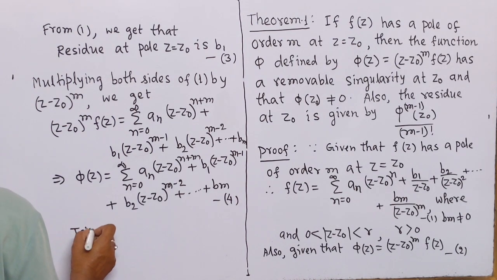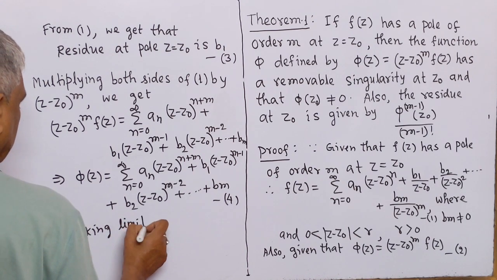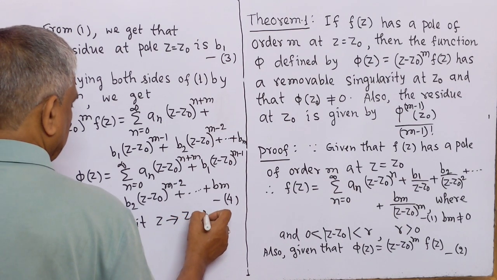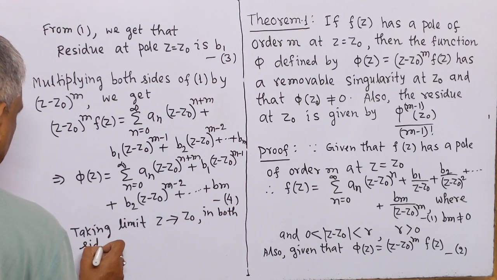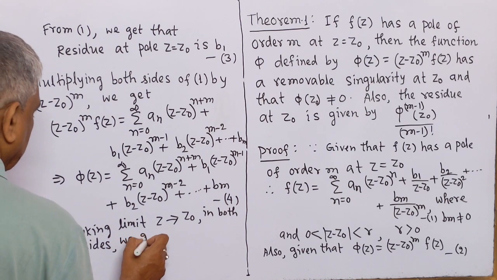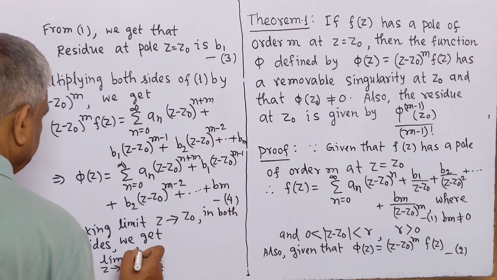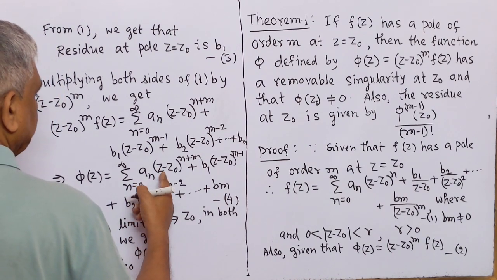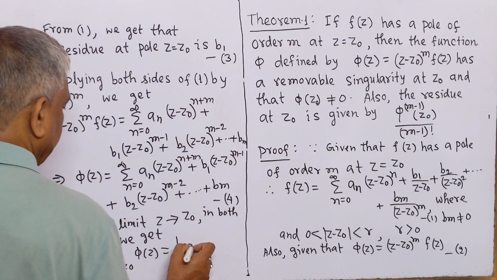Taking limit z tends to z naught on both sides, we get limit z tends to z naught phi(z) equal to, on the right side if we put z equal to z naught, this is 0, this is 0, this is 0, only bm remains.